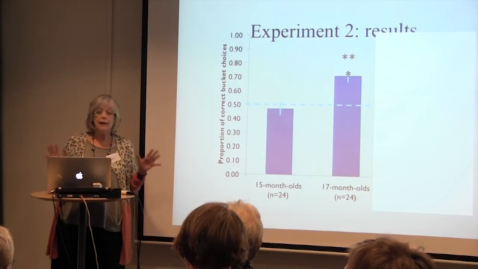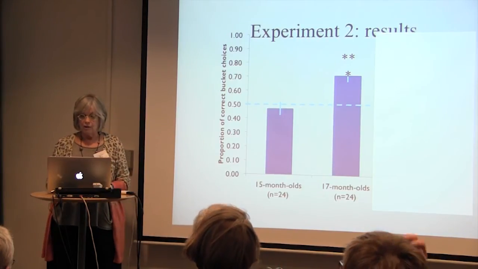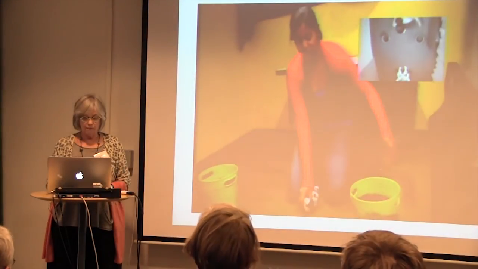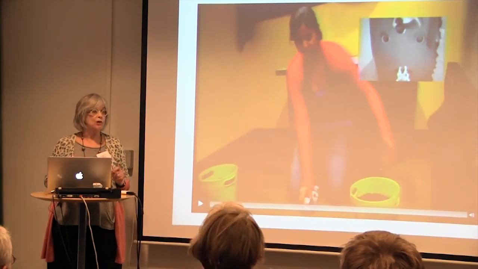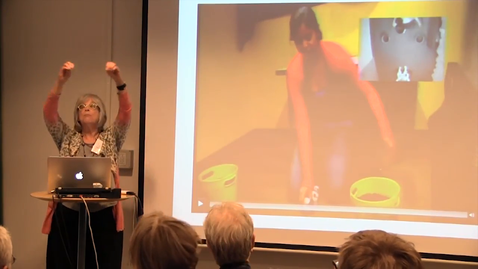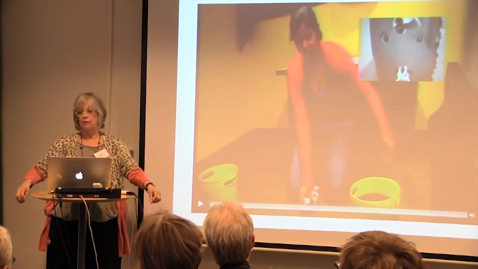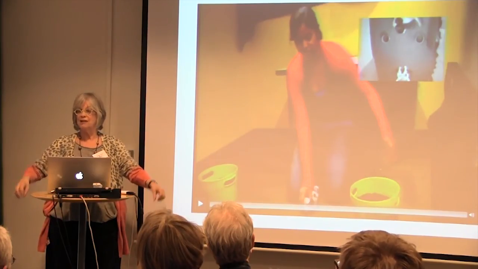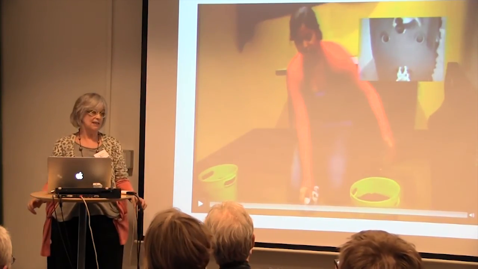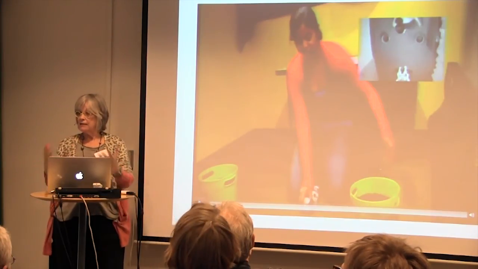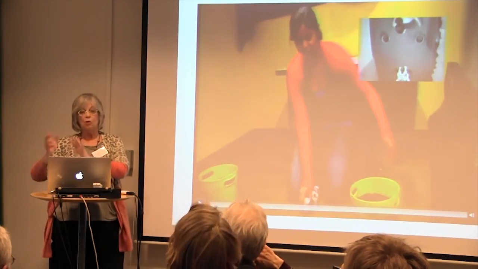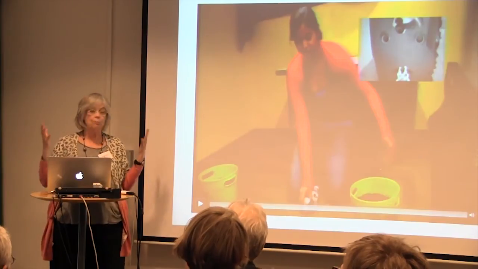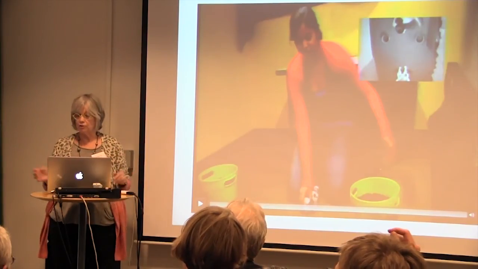So we want to rule out that alternative. We did one more version, and the difference here is she separates her hand before she puts it down. So they don't have to infer where it is. They just have to follow where it is. Then she takes it down and does all the extra stuff. So if they're just forgetting or being confused by all the intervening stuff, they should fail.